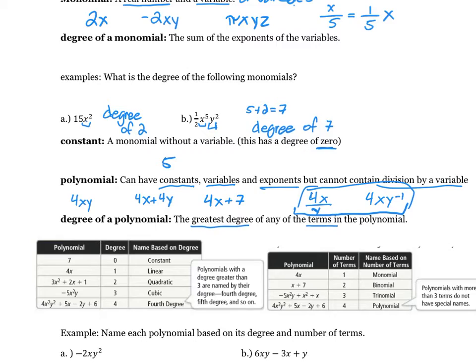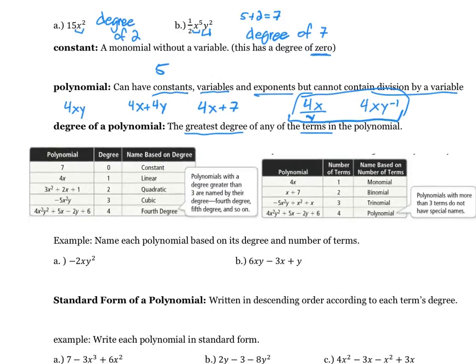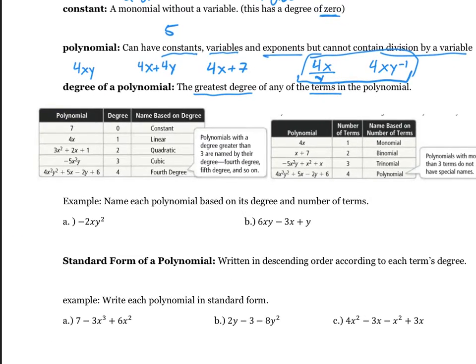All right, so the degree of a polynomial is determined by the greatest degree of any of the terms in the polynomial. So we have to look at all the terms in the polynomial, figure out which one has the greatest degree, and that will be the degree of the polynomial. So for instance, for this first one, I just have this table for you. This is just a constant. It has a degree of 0, and so it has a name, constant. This one has a degree of 1, right? If there's nothing there, it's just a degree of 1. When it's a degree of 1, it is called linear.